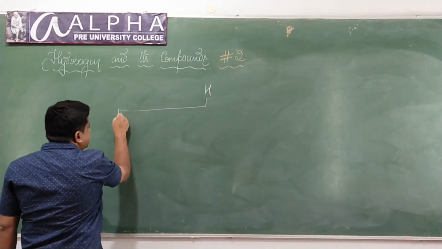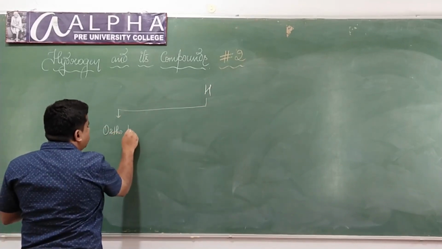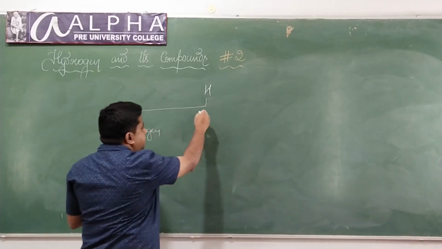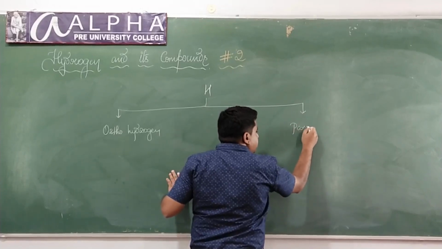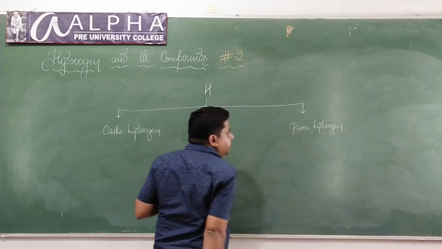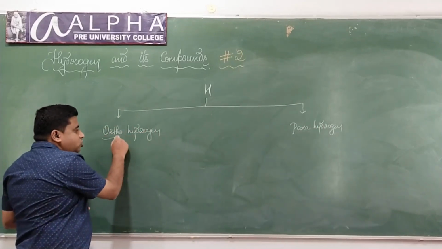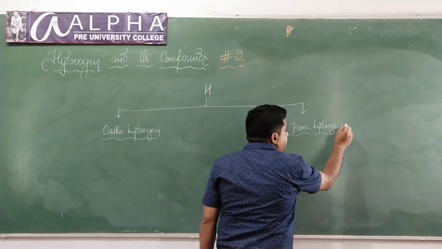One is called ortho hydrogen. The other one is called para hydrogen. Hydrogen exists in two forms: ortho hydrogen and para hydrogen.